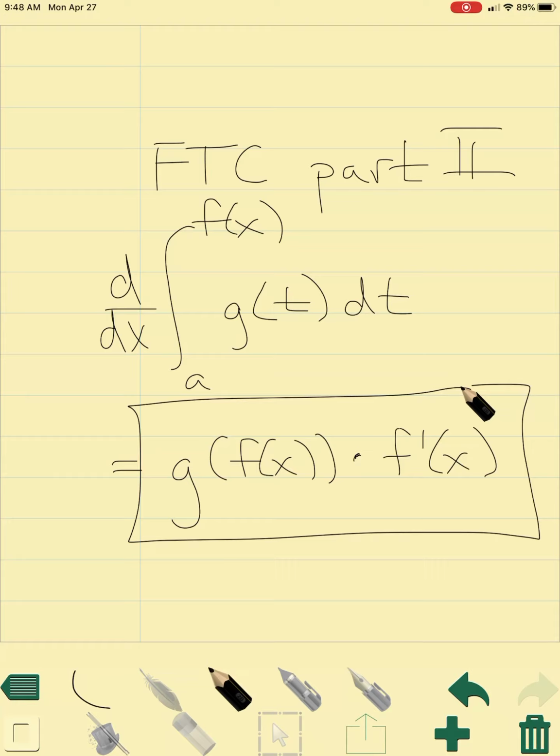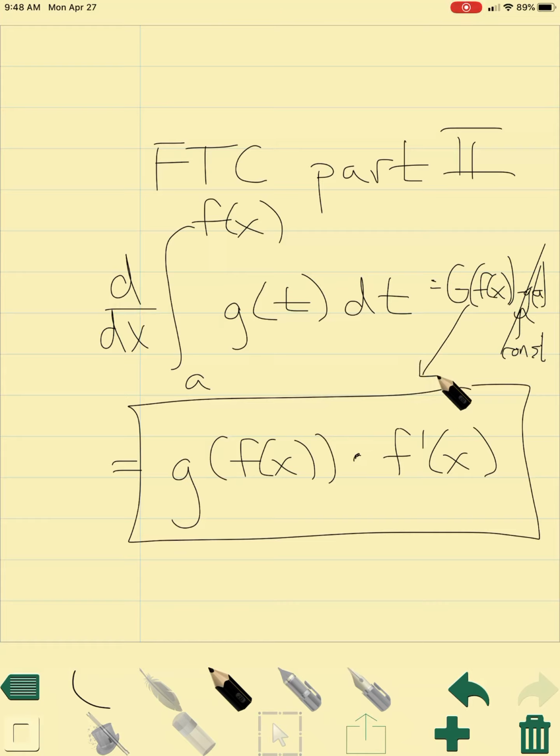If we're plugging something in and then we derive it, what we get is capital G of f of x minus capital G of a, where this is just a constant, like I said. Once we derive it, that's going to cancel.